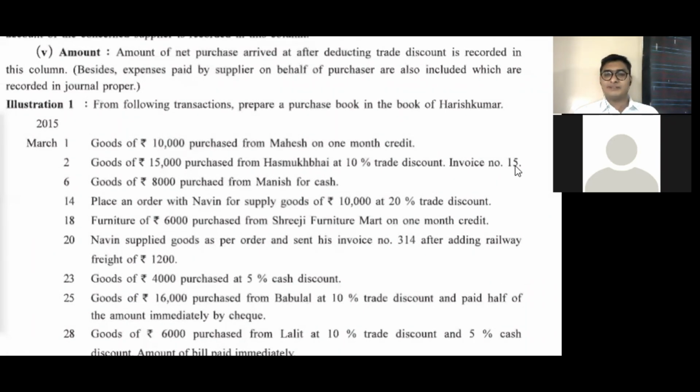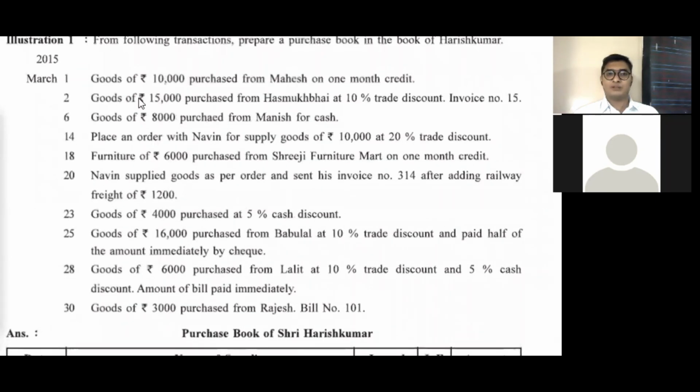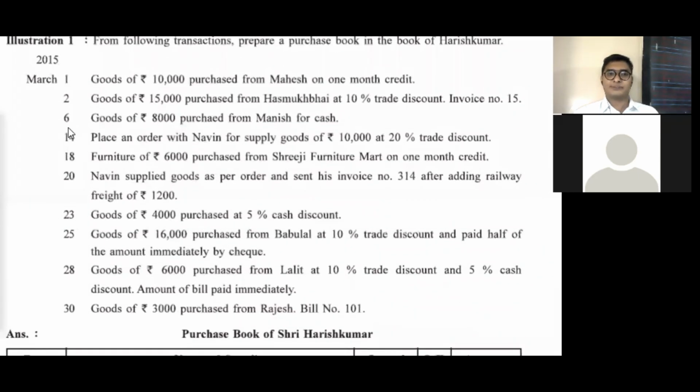Invoice number is given, so invoice number is 50. Now, amount of 15,000, we have to deduct 10% trade discount. 15,000 minus 10%, answer will be 13,500. Simple.